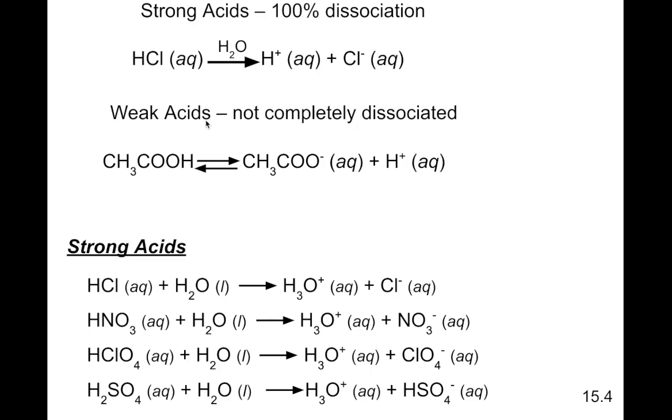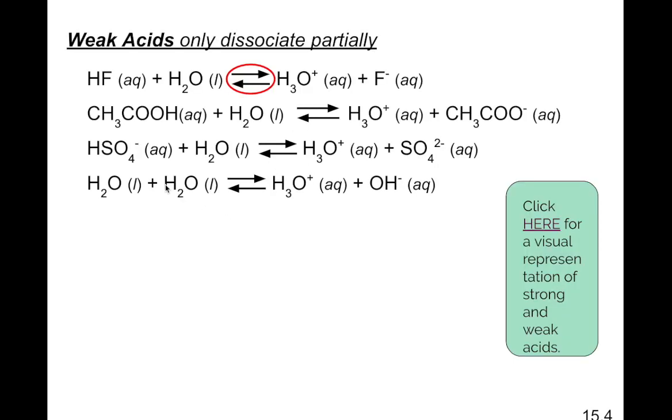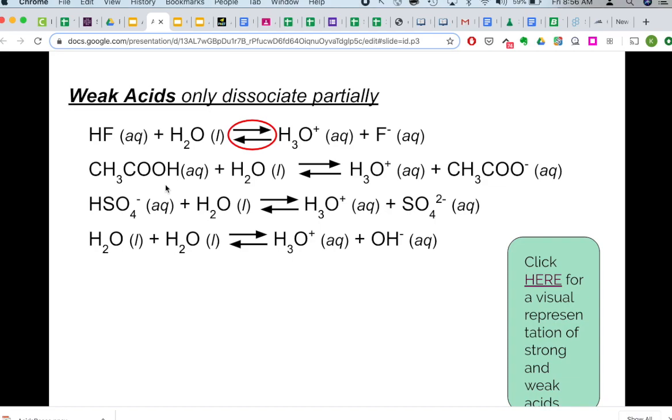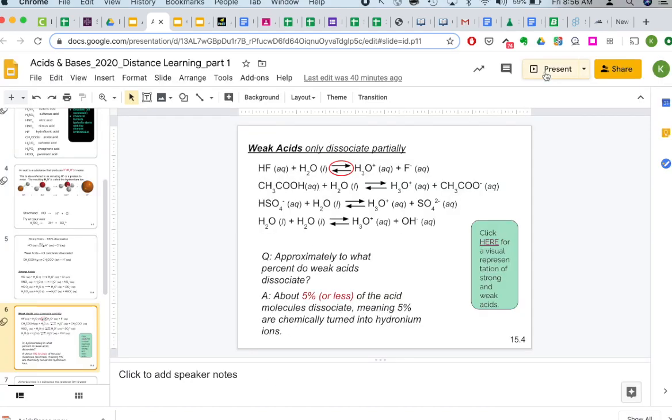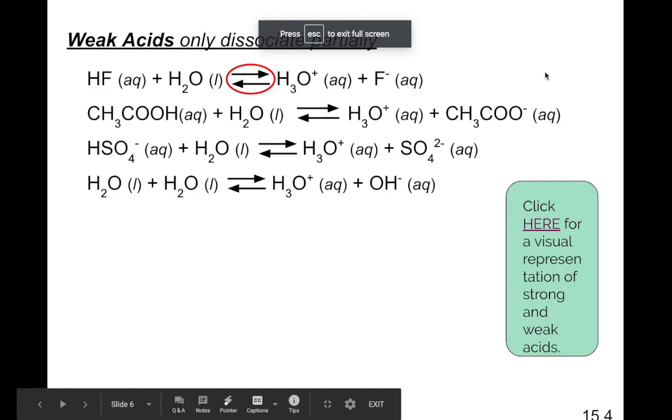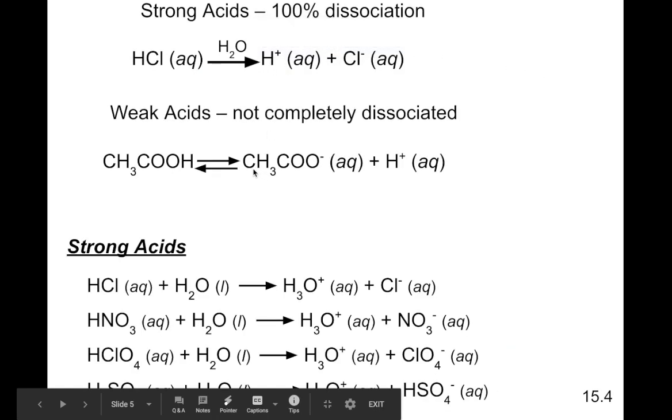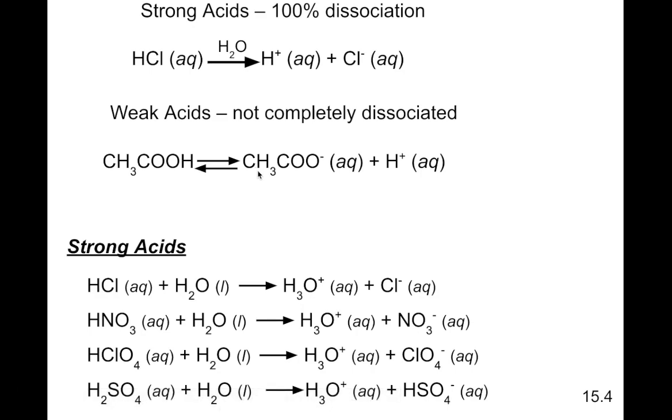Weak acids are called weak because when you put them in water, they do not dissociate completely. This is what's known as acetic acid. Acetic acid only dissociates, and weak acids in general, only about 5% dissociate, which means that if you put 100 molecules of acetic acid in water, you have about 95% remain in this form on the left.